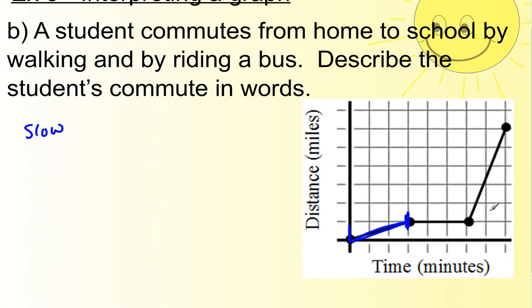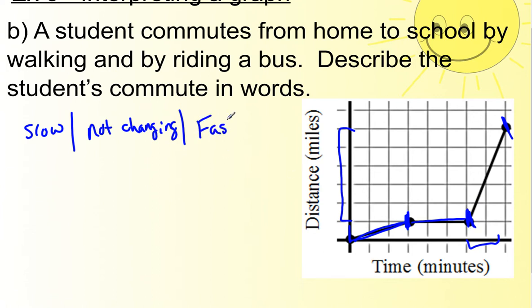Okay, and then from here to here, the graph is remaining constant, meaning it's not changing. And then in this third section of time, in a short amount of time, it's going a large amount of distance, which means this person is moving very fast.